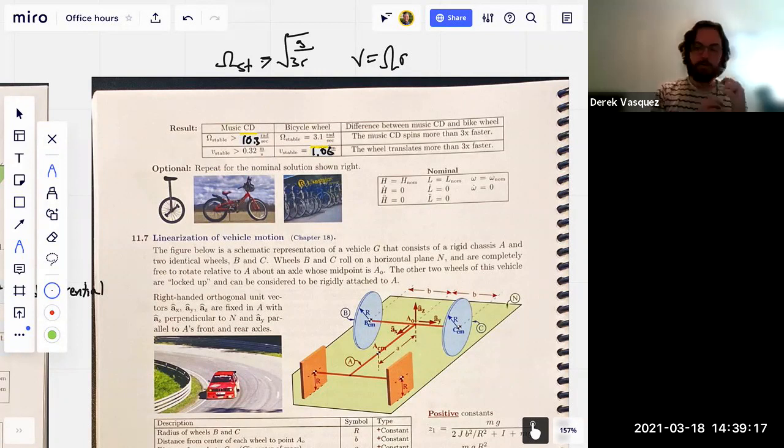So what this is saying is that in order to roll a CD and have it stand up and keep rolling down the floor, it has to be going at 0.32 meters per second. But a bicycle wheel has to be going 3 times as fast, about a meter per second. And that intuitively makes sense to me, that this bigger thing has to be going faster to remain stable.